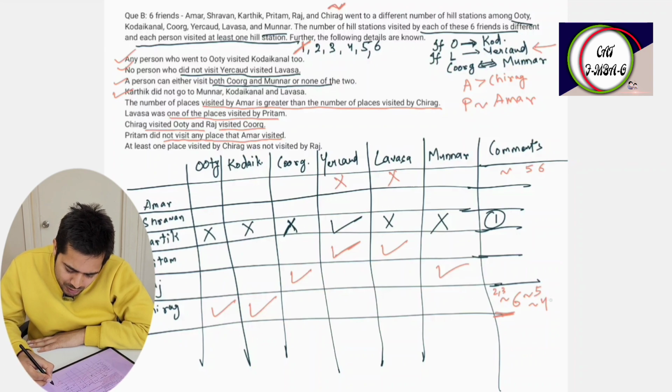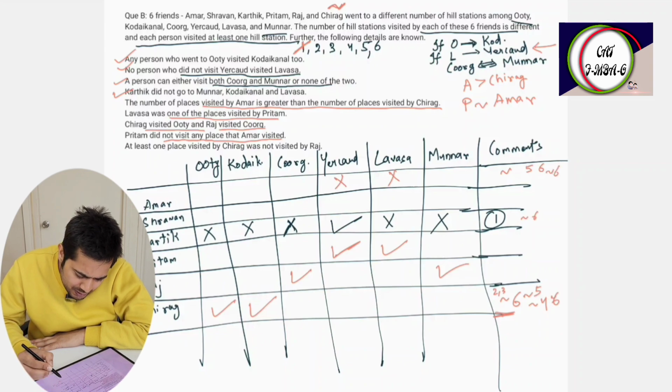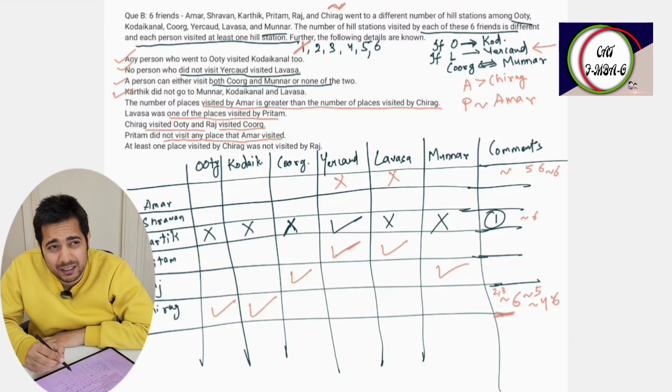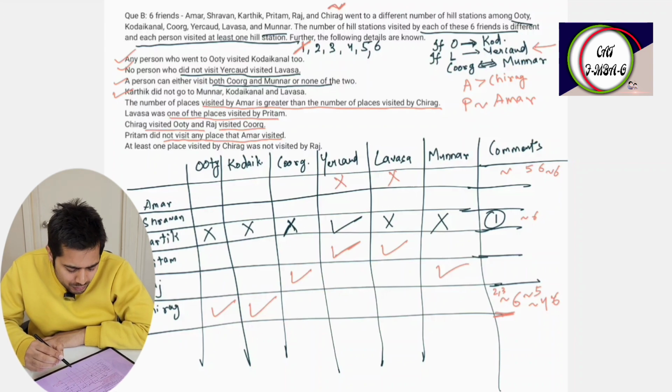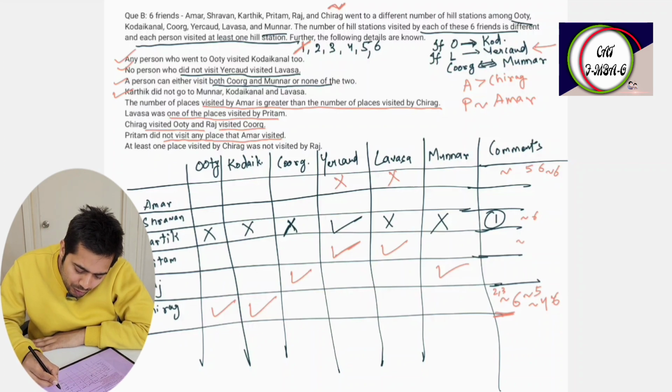So this cannot be 6 and this cannot be 6. Preetham did not visit any place that Amar visited. So Amar will visit 2 or 3 or 4 places, and those places will not be visited by Preetham. So Preetham cannot also be 6.